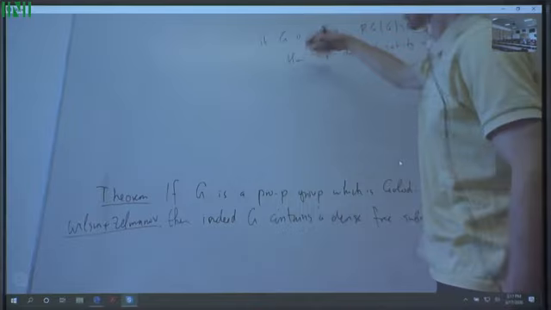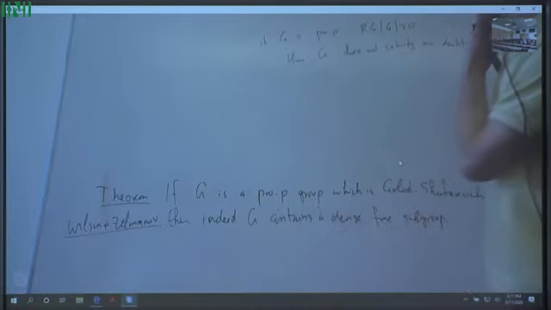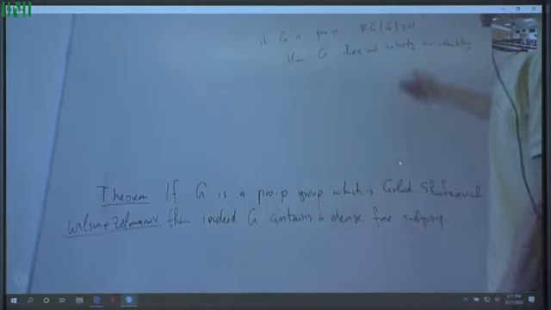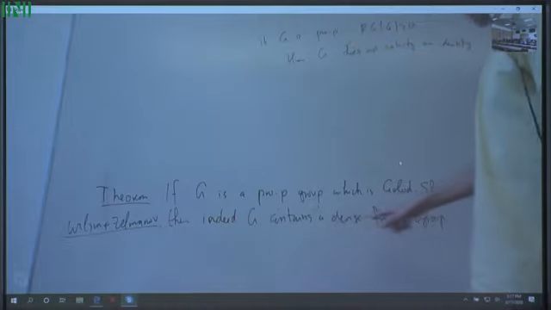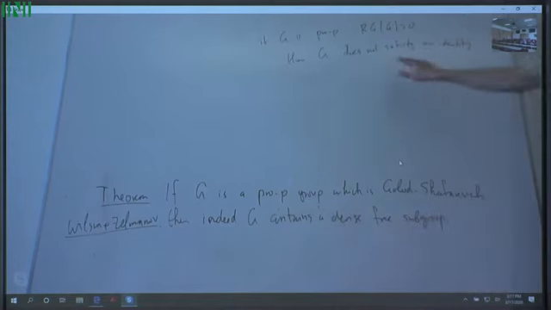For this, you need nothing. This does not need any deep theory. It just follows from the properties of finite index subgroups and the fact that the rank gradient was positive.